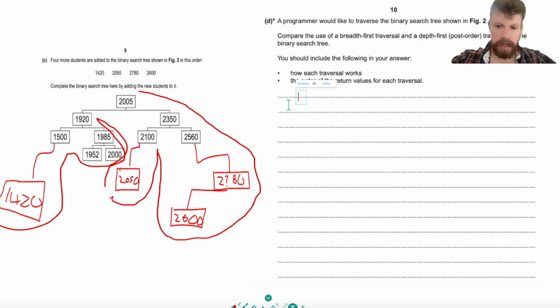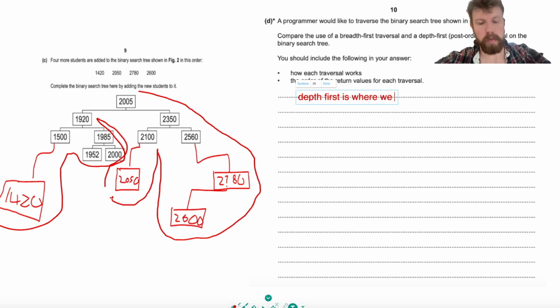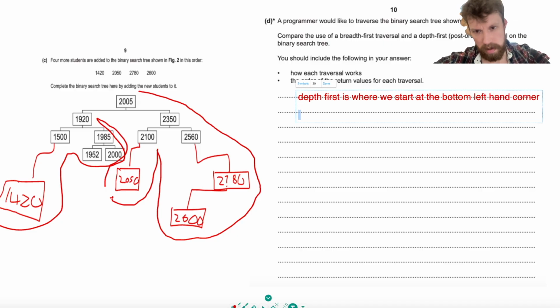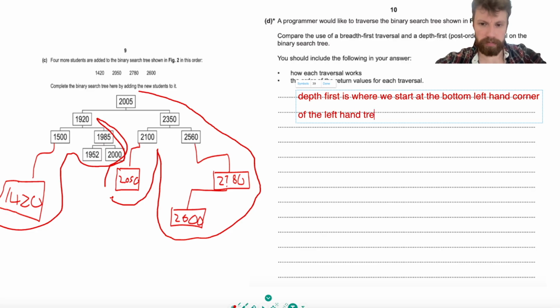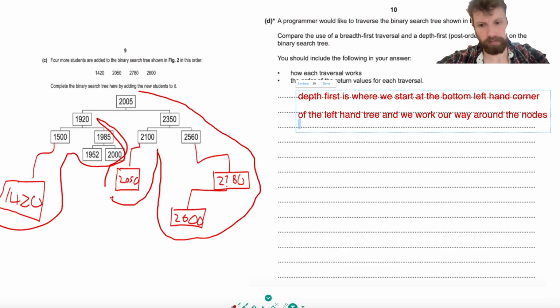So if we describe that, depth first is where we start at the bottom left hand corner of the left hand tree, and we work our way around the nodes until we finish at the root node at the end.